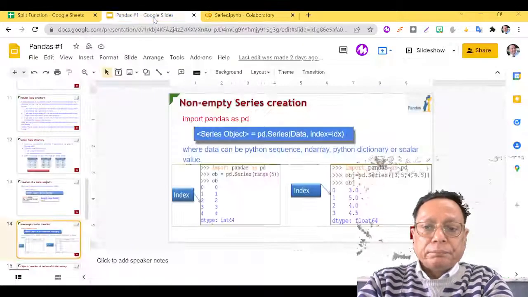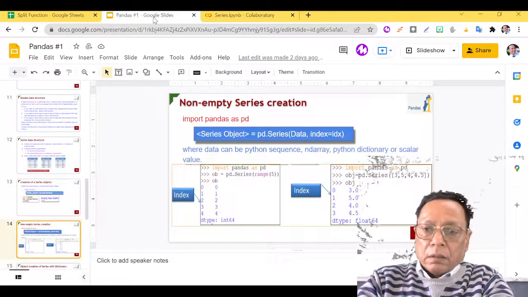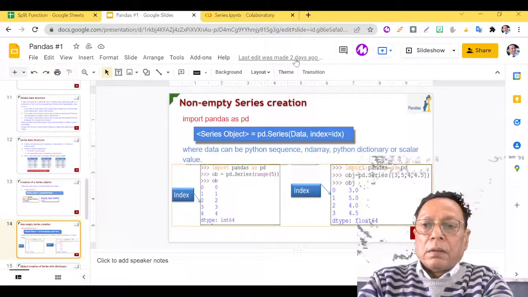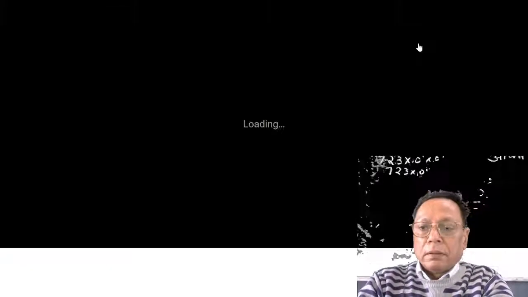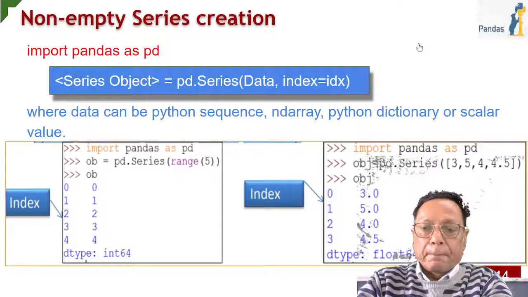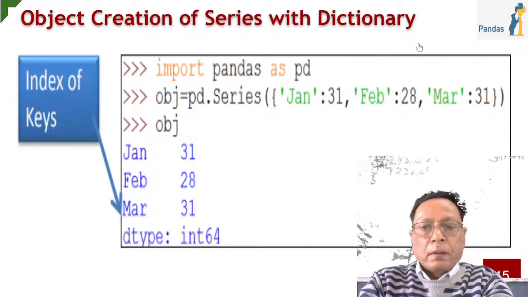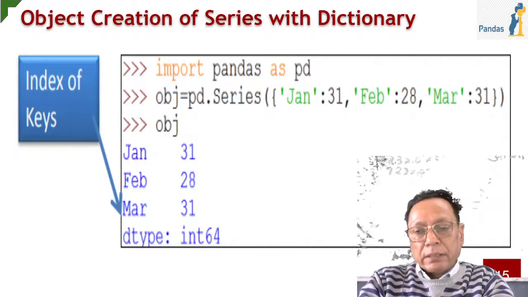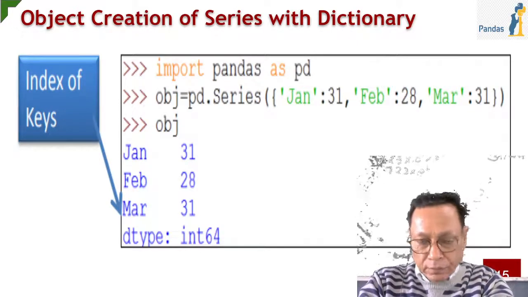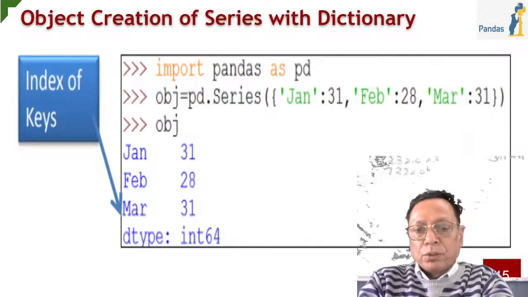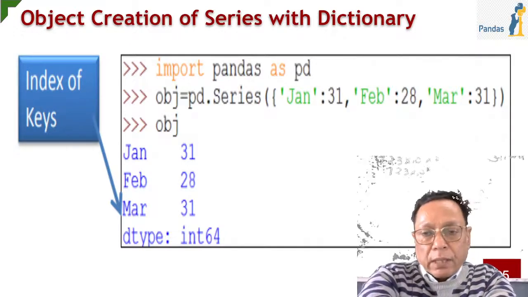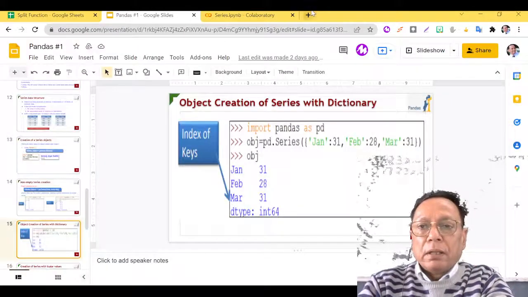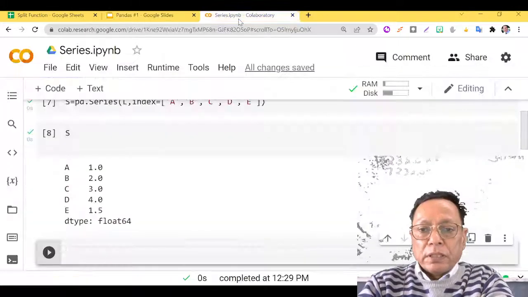And again, see here, how do we create a series using a dictionary? I'm going to create a series using a dictionary.